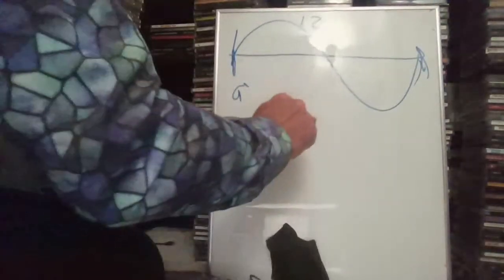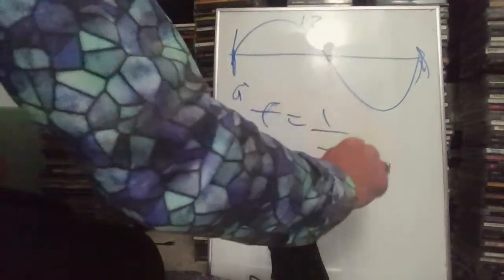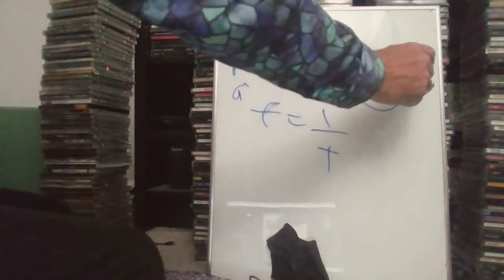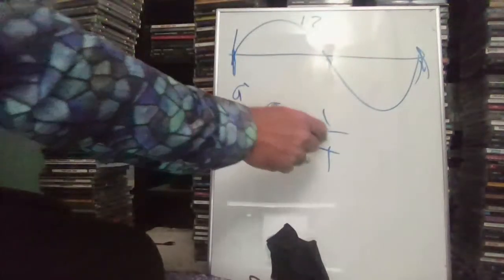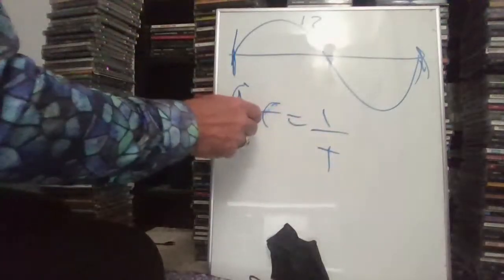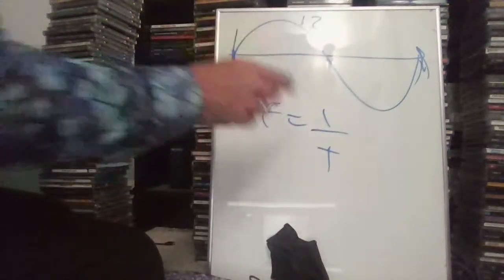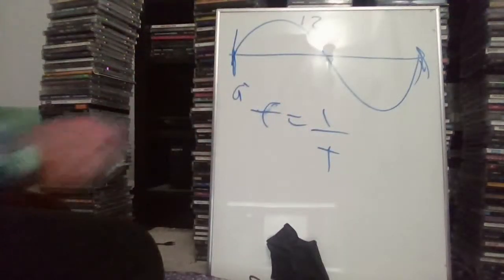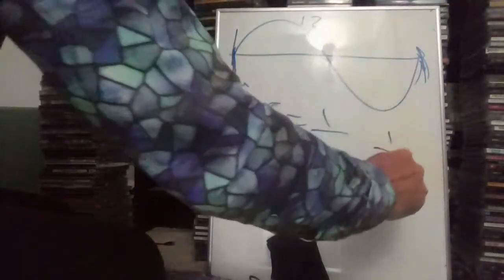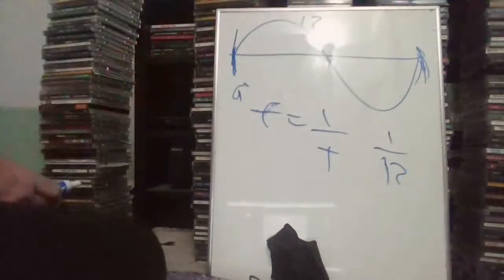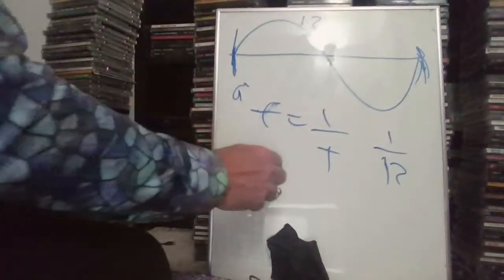If frequency equals 1 over period, and the period is as big as it can be, then the frequency is as low as it can be. This is the lowest frequency that string can vibrate at, 1 over 12, and that's why that lowest frequency is called the fundamental.